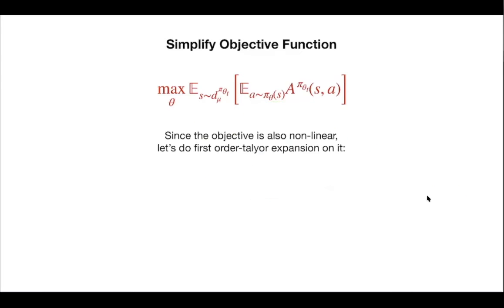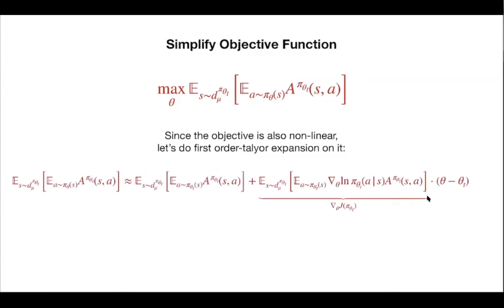So in other words, after we do the first order Taylor expansion, we get this term, and then the second term, which is basically the inner product between the gradient and the difference between theta and theta t. And this term is 0 because the advantage against yourself is actually 0.